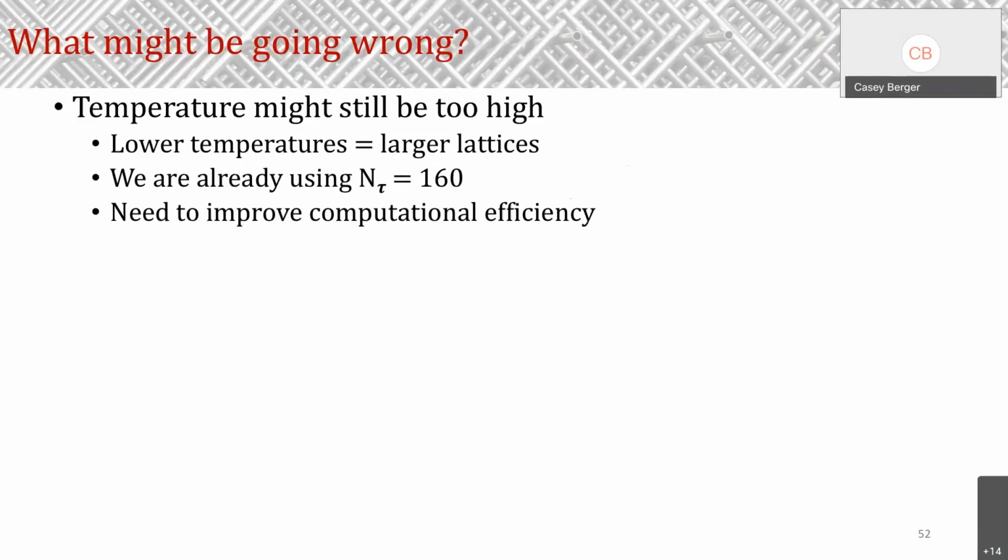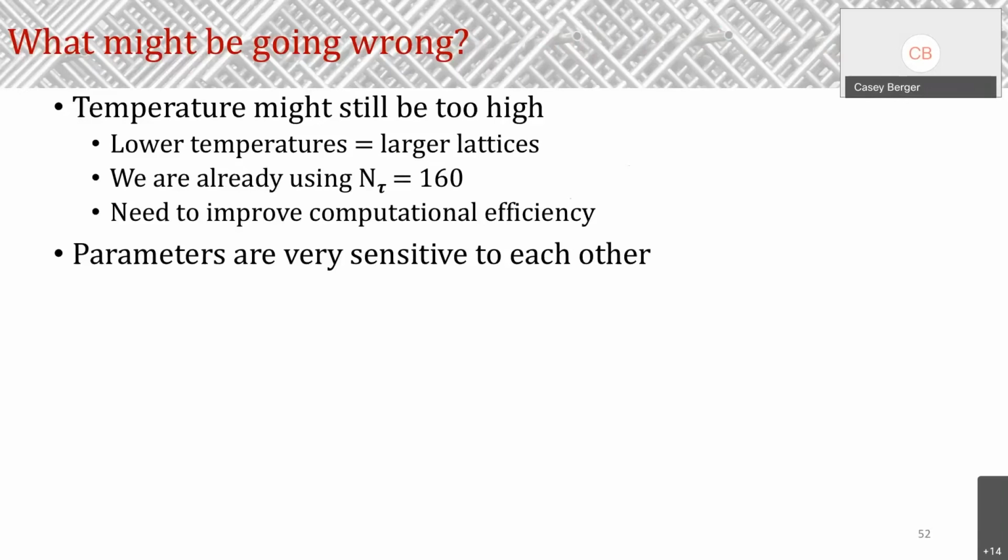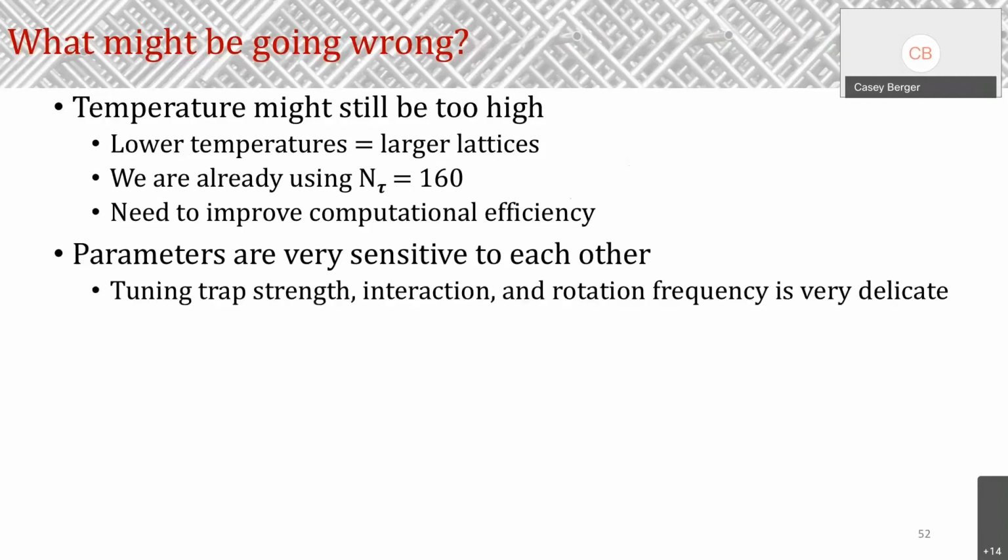We have also realized that the parameters are very sensitive to each other. We have to tune the rotation to be appropriate for the trapping potential. But we also have this repulsive contact interaction, which interacts with the rotation and the trap. Our system is very limited by these relationships between the parameters. So it's a very delicate process to tune all of these parameters with each other.